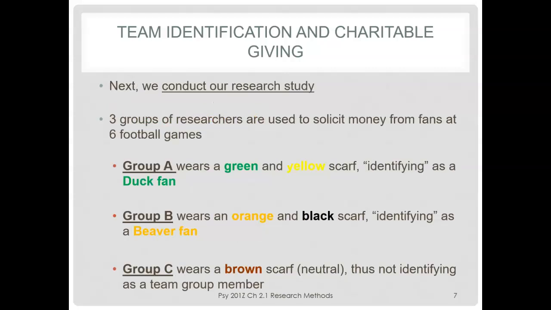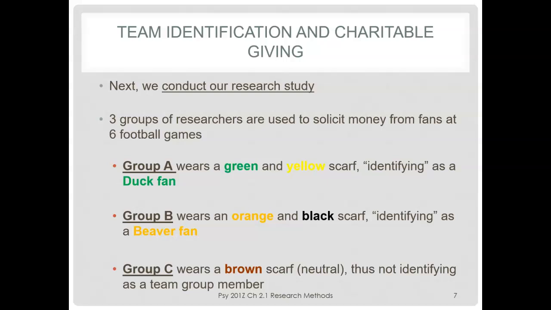So, now we're going to conduct our research study. And we're going to do this at 6 different Civil War games. Now we're going to need 3 groups of researchers, research assistants, to act as solicitors for money for the American Heart Association.